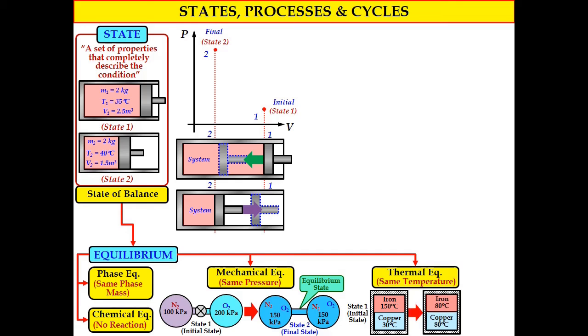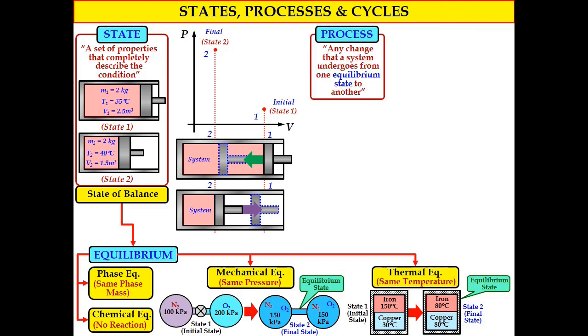So we will have a heat transfer process, and at the end the temperature will be the same for both the iron and the copper in the final state, state number 2. At this condition, we consider state number 2 as the equilibrium state, and the type of equilibrium is thermal equilibrium. Okay, so these are the different types of equilibrium for a thermodynamic system.